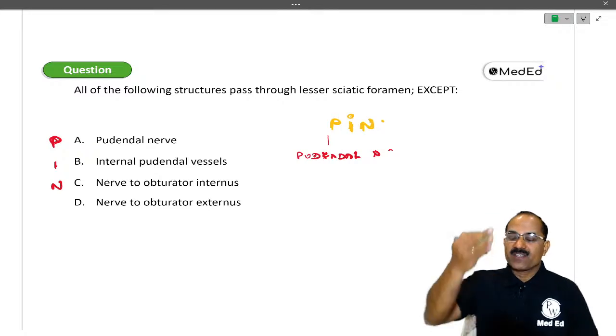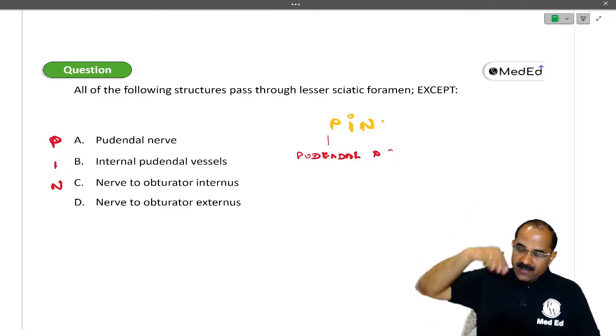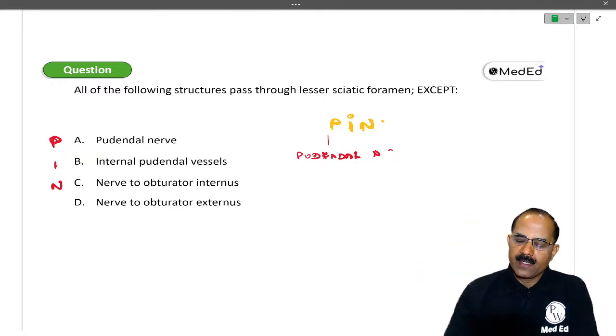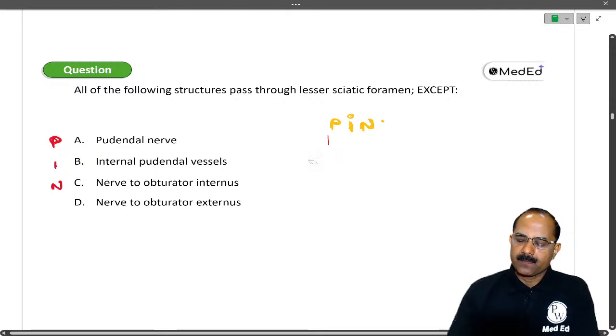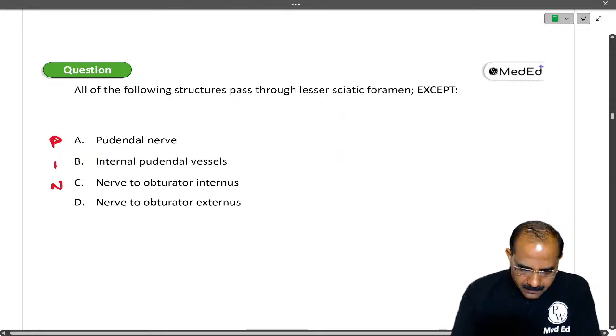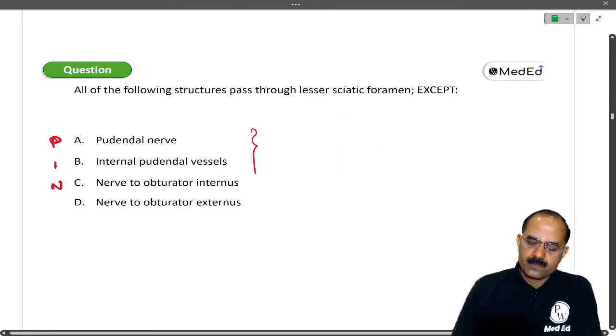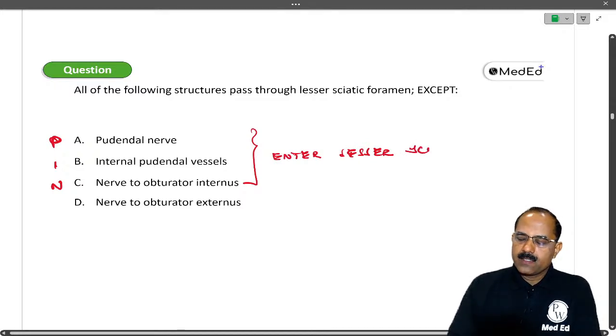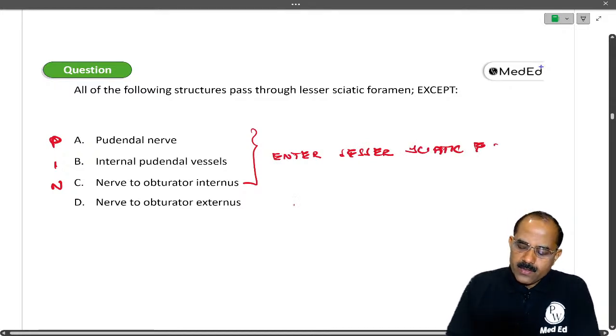So these are the three structures which enter the lesser sciatic foramen. हाँ, ये lesser sciatic foramen के अंदर जाते हैं. Enter the lesser sciatic foramen. हाँ, and who leaves the lesser sciatic foramen बोल सकते हो?